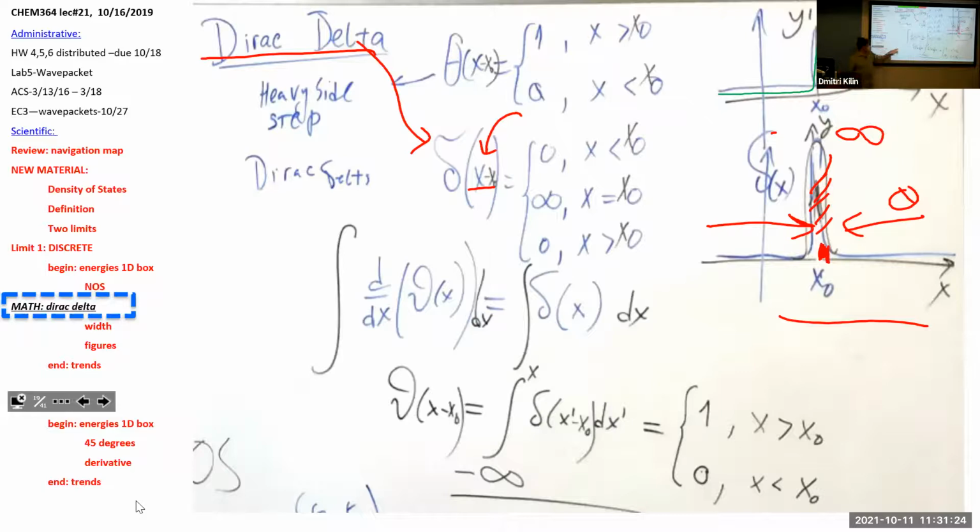So one can say it is infinity in the center and 0 before and after. If one integrates this function with a running upper limit, it will become 1 if we pass this point x naught, and it will be 0 before it, right? So a step function.